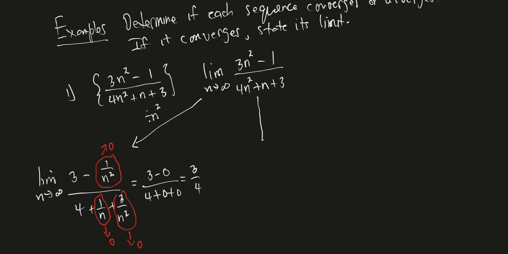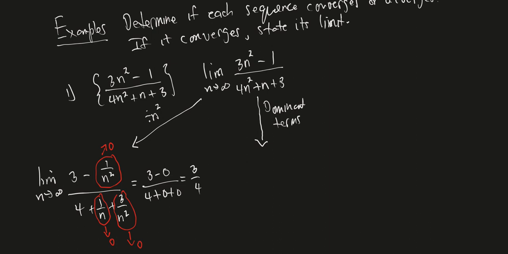Another way is to be able to identify what we call dominant terms. So using the dominant terms approach, dominant terms means that as n gets, again, arbitrarily large, there are terms in an expression that will dominate, meaning they'll be much, much bigger than all the other terms.